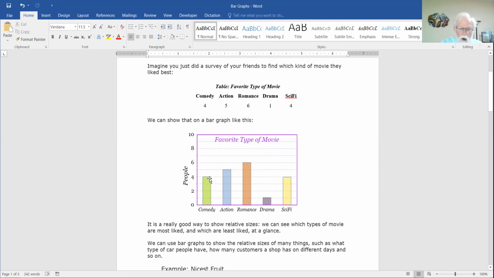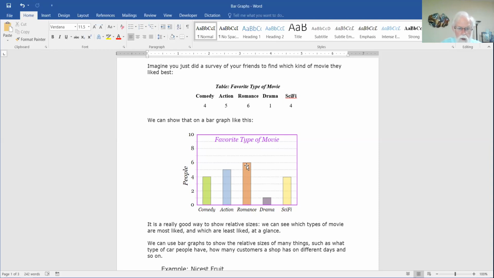In this case, they are pretty well because we've set this up. Each of these lines is one person. So we can see very easily that the largest number of responses, this does not mean the majority, it merely means the largest number, was for romance movies in this particular survey.